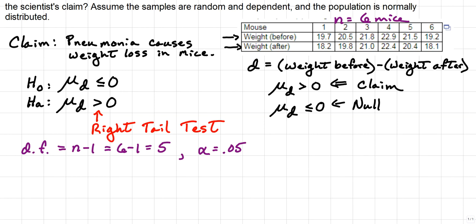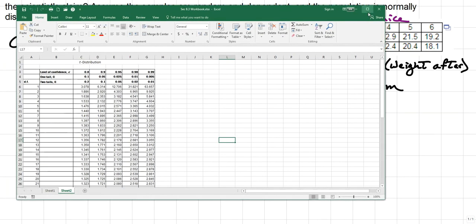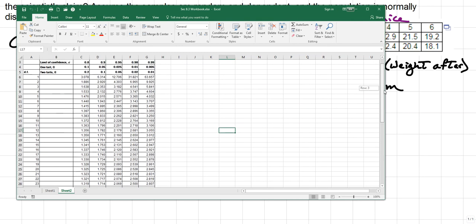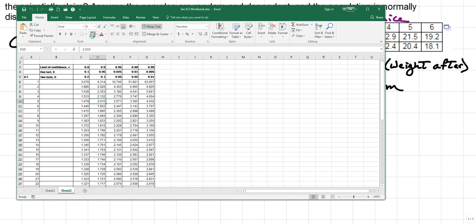The spreadsheet that I have attached in Blackboard has the t-table integrated in it as sheet number 2. So then you're going to look for your degrees of freedom, which in this case will be 5. And then we'll look for a one-tailed test at a significance level of 0.05, which means that our critical value will be 2.015.